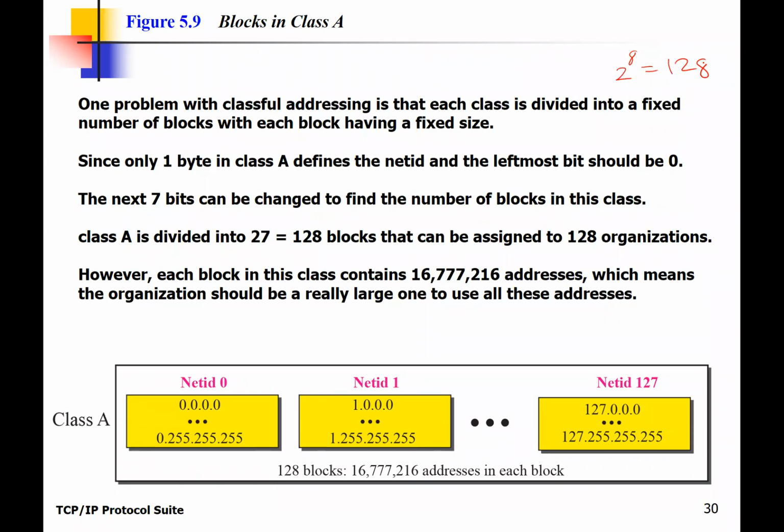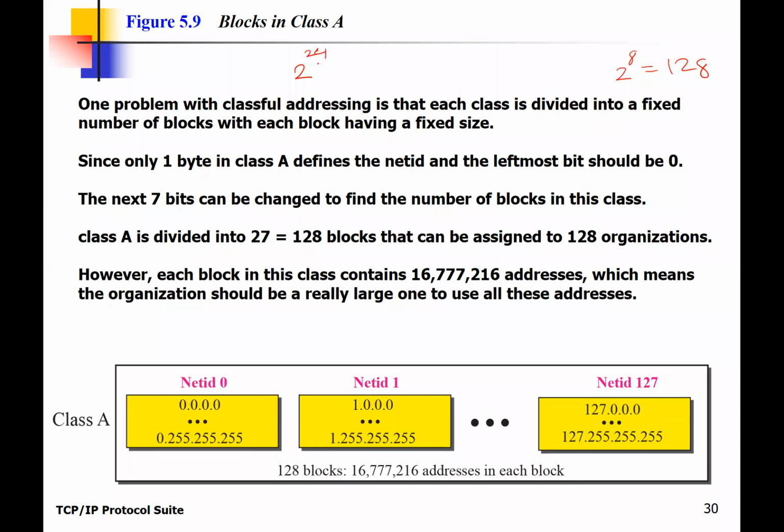Okay, what does that mean? That means I can have 128 networks, and how many hosts will each network have? Remember, we use the first 8 bits. So how many bits are left from the 32? 24. So how many hosts can I have in this network? 2 to the power 24.